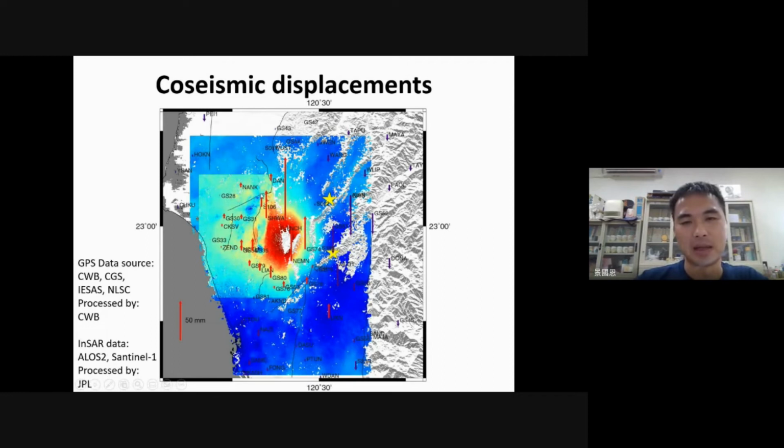But please keep in mind, because this area is a coastal plain, and even here is a metropolitan area, we can always get good results from InSAR. However, in areas like over here, there are hills, so we could not get the signals in those regions.